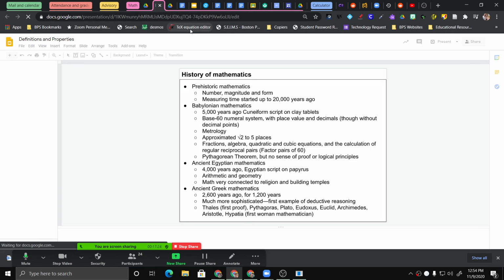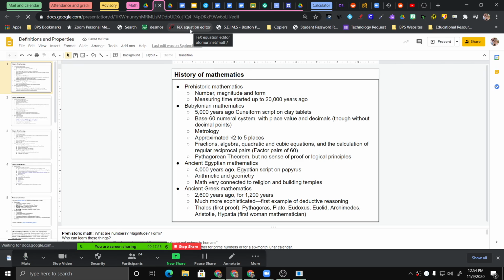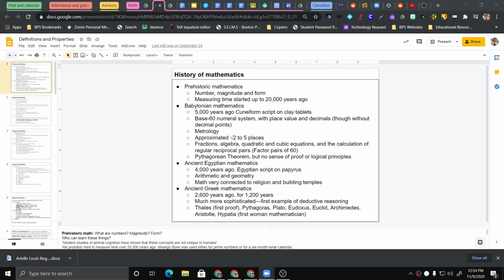If you look inside, yes, you can't see what I'm showing you. I'm sorry. How do I make it so you can see that? Let me stop this share and hit this share. Share screen 2.